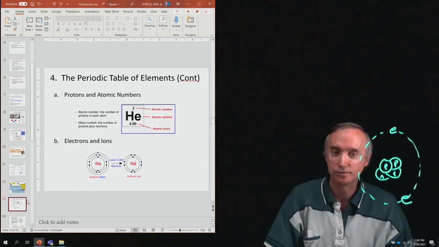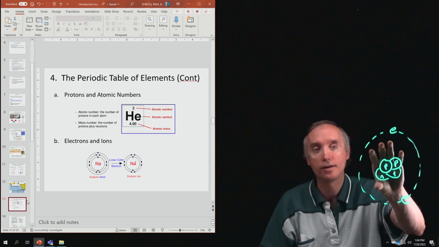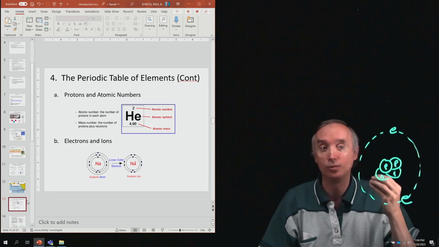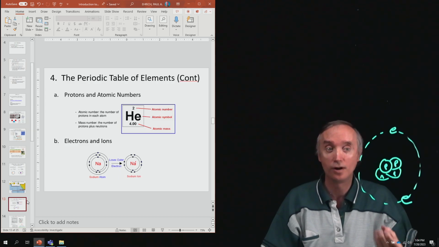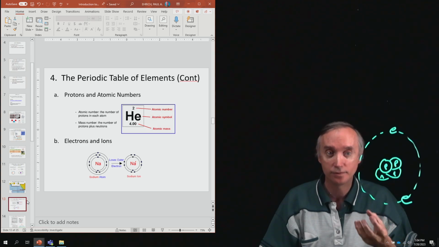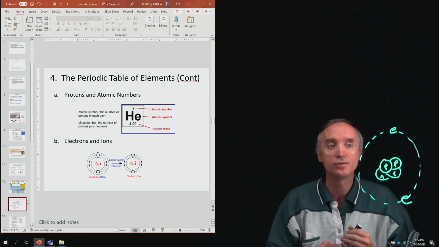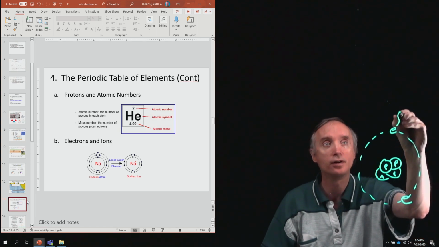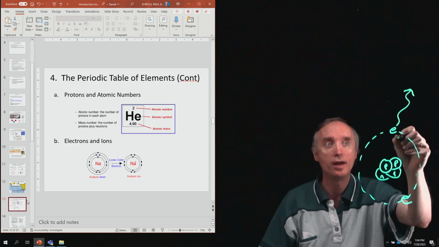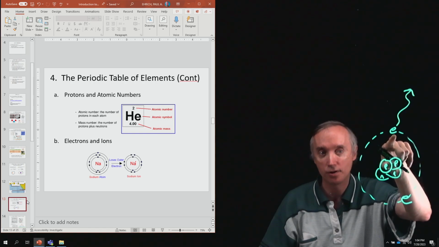But notice that I could take an atom and I could hit it with my hammer, or I could hit it with electricity, or I could hit it with light, or I could hit it with heat. And what could happen is one of these electrons could go flying off, carrying away its negative charge.